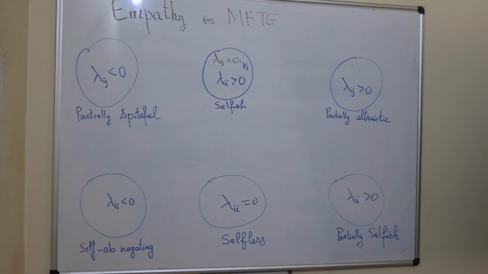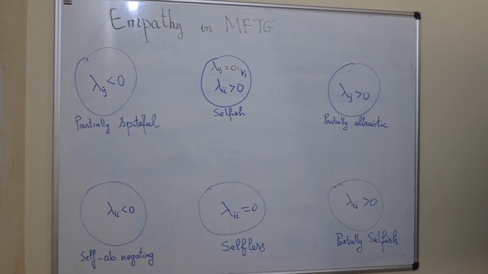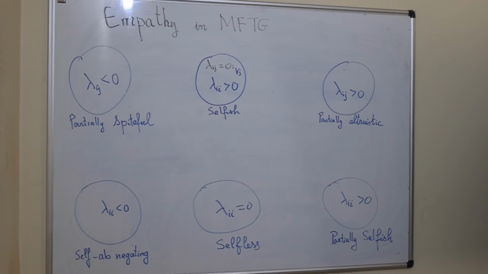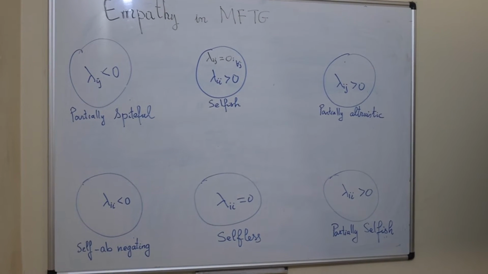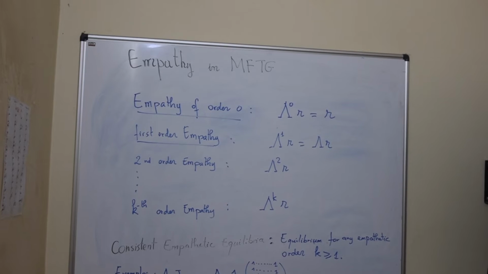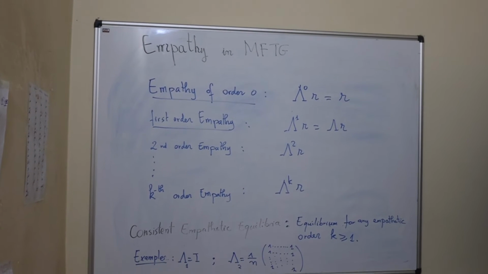So the empathy structure, for simplicity, could be a vector. When you have n agents, for agent i, for example, the vector would be lambda ii, lambda ij, j different from i. If you collect all those vectors from all the agents, you get a matrix lambda.